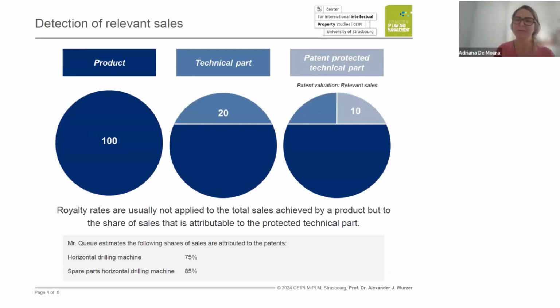Okay, thank you. And now it comes to the discussion in regard to detection of relevant sales. As Jana mentioned, Schneider has 6 patents. We have one patent addressing the horizontal drilling machine, and the others are relevant for spare parts.